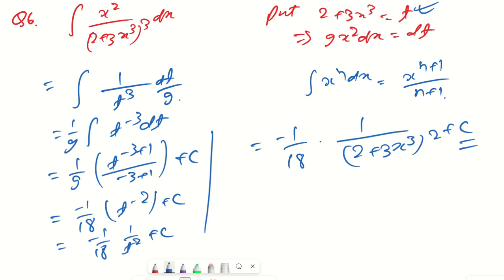Let us take one more question, which is going to be a very important question. So the question is, question number 7. Integration of x by 9 minus 4x square dx. So this is very similar to the previous question. What you can do?